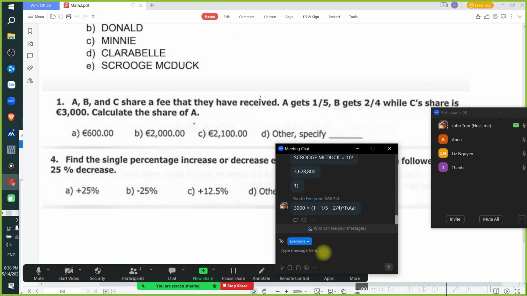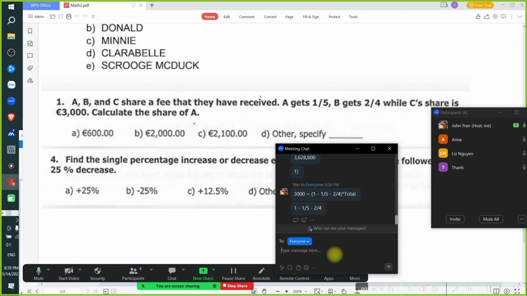Yeah. So the 3,000 is actually the total, 1 minus A, which is a fifth, minus B, which is 2/4. So you have that one. So basically 1 minus a fifth minus 2/4.